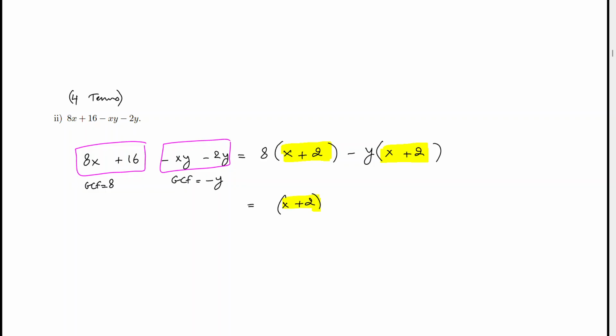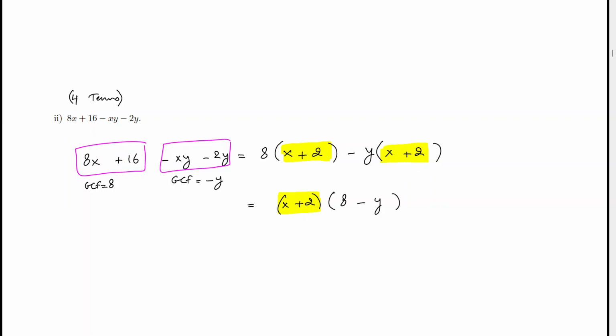And once you write it first, the next thing you'll do is open up a set of parentheses and write the leftovers. So if I remove the x plus 2 from here, what will be left over? Well, what will be left over is just the 8. And if I remove the x plus 2 from the second factor, what will be left is the negative y.